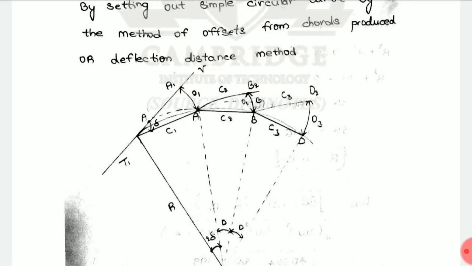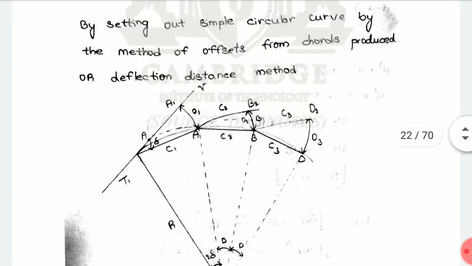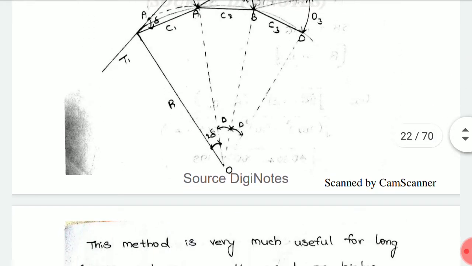But here I am drawing the chord for every interval. From that chord I will draw the offset and I will draw the curve at regular intervals. Offsets from chords produced, you can check it here.